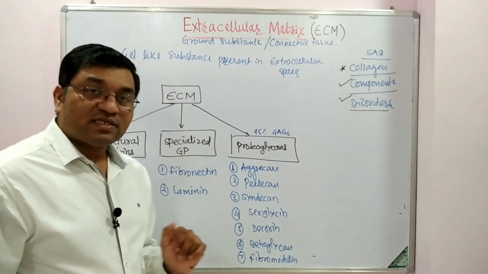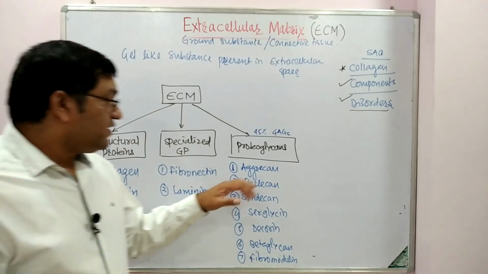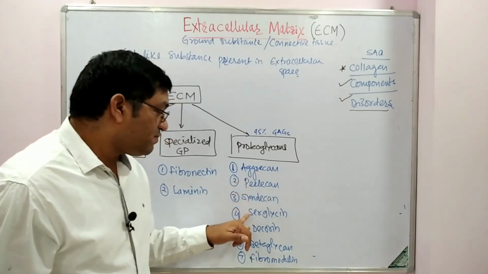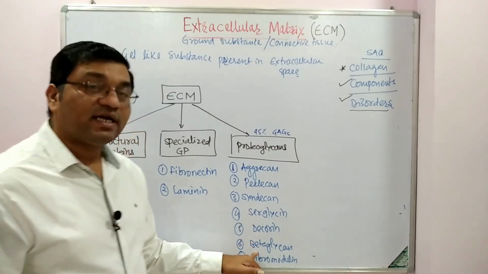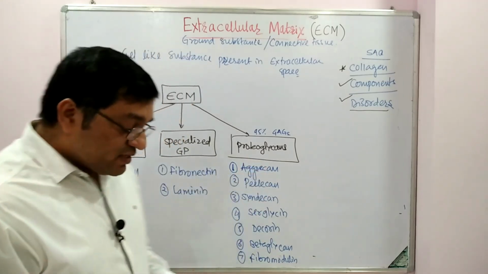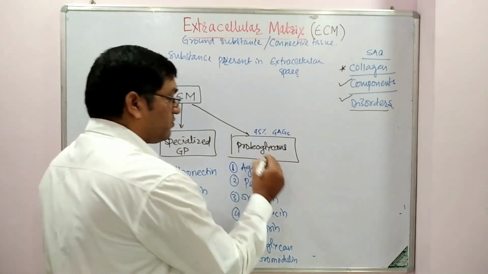Then specialized glycoproteins are fibronectin and laminin, and the various proteoglycans are aggrecan, perlecan, syndecan, serglycin, decorin, fibromodulin, betaglycan. And various glycosaminoglycans are responsible for the formation of proteoglycans.